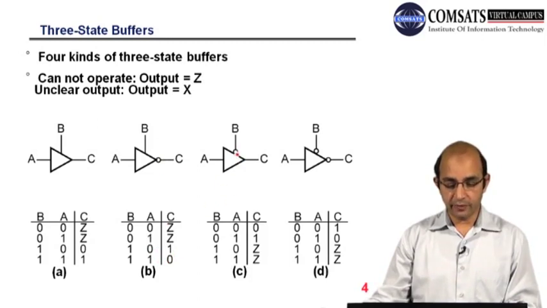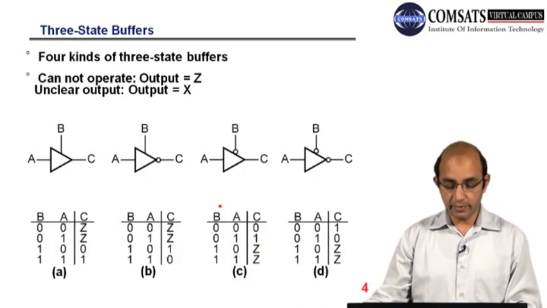Here you can see we have the bubble at the control input, that is B. So whenever we have B equal to 0, it means this is active low. Whenever B is 0, this will be activated or it will function. So here you can see B is 0, so we have the input communicated to the output. So A is 0, we have 0, and A is 1, we have 1 at the output.